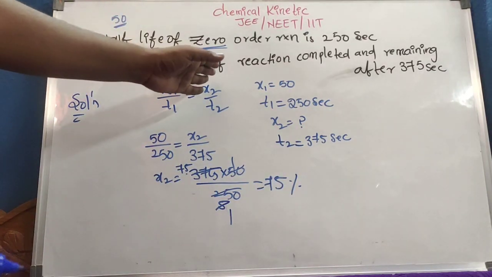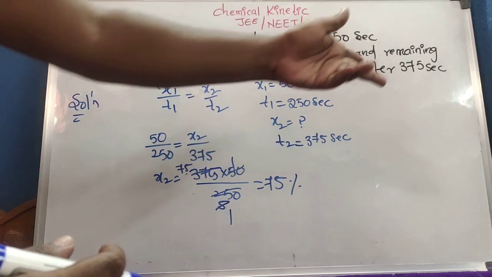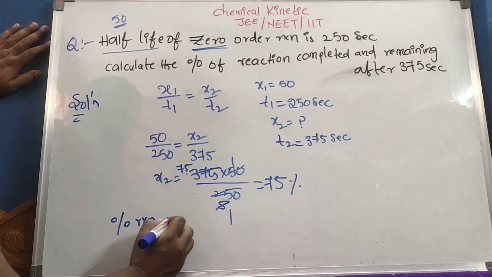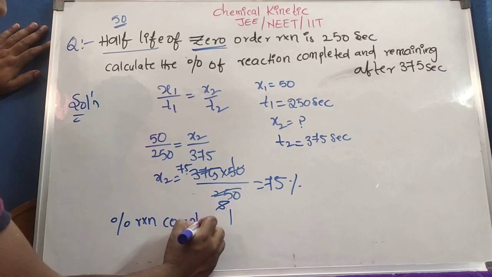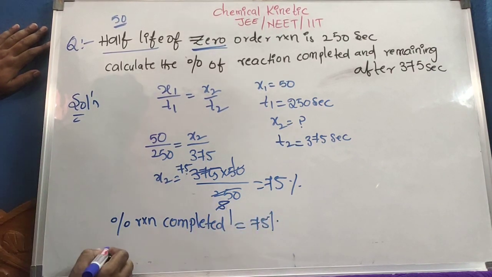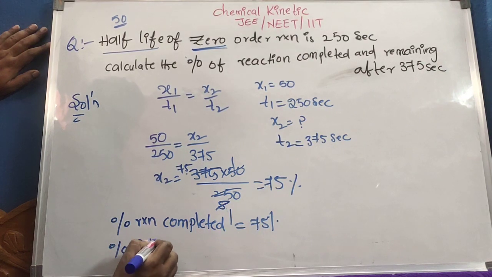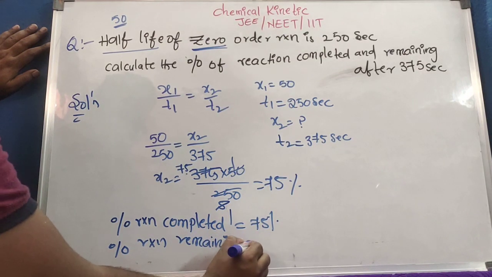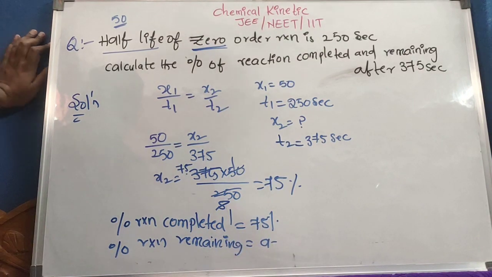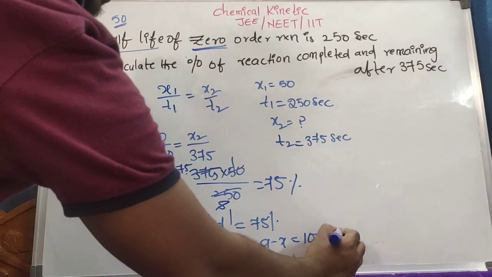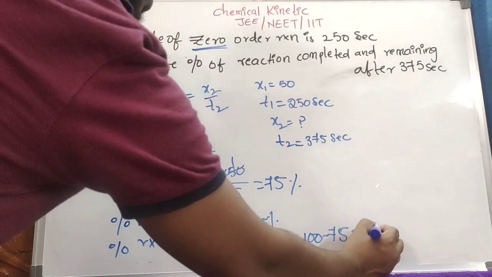But we have to calculate the percentage of reaction completed and remaining. The percentage of reaction completed is 75%, but the percentage of reaction remaining means a minus x, that is 100 minus 75, that is 25%.